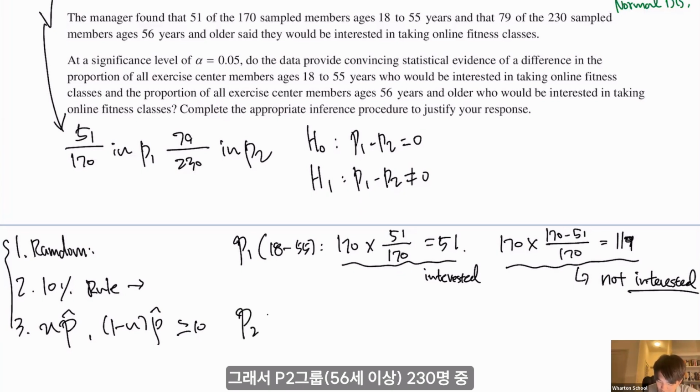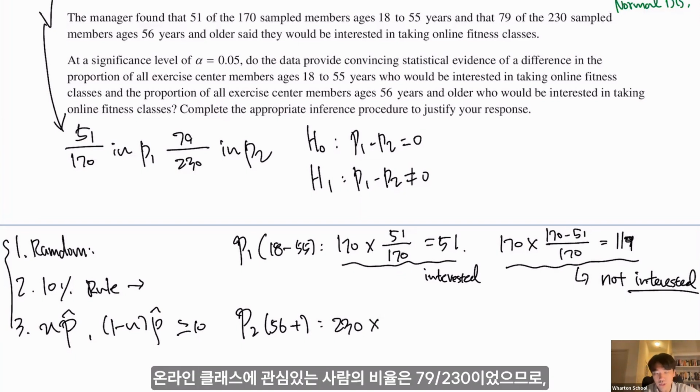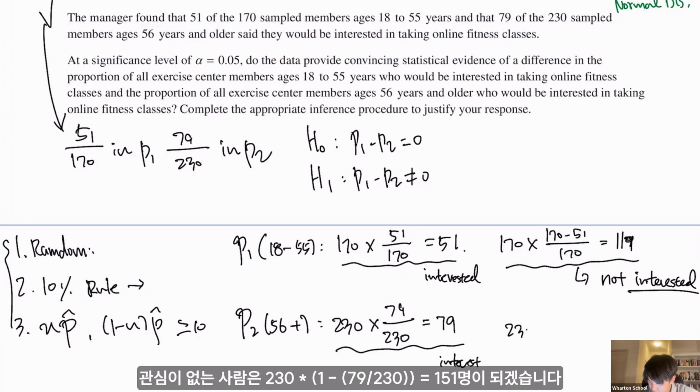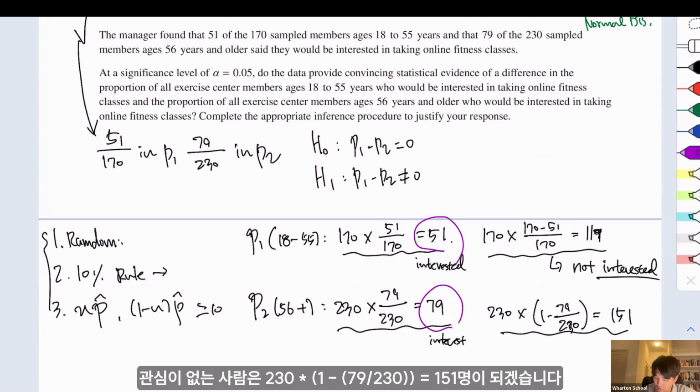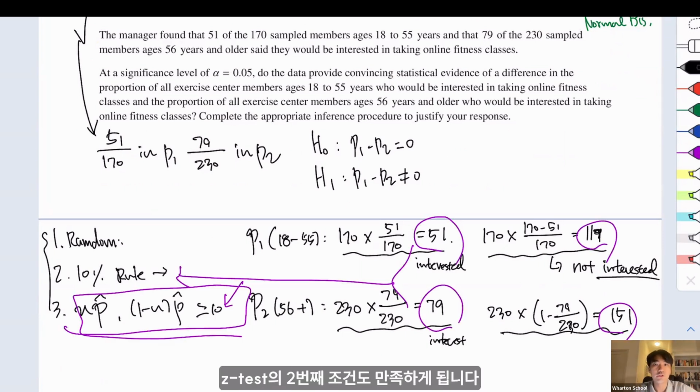And for P2, age 56 plus, their sample size was 230 and our proportion was 79 over 230. 79 expressed interest here, and 230 multiplied by 1 minus 79 over 230 is 151, who are not interested, right? Since all these values are greater than 10, we are allowed to use the z-test.